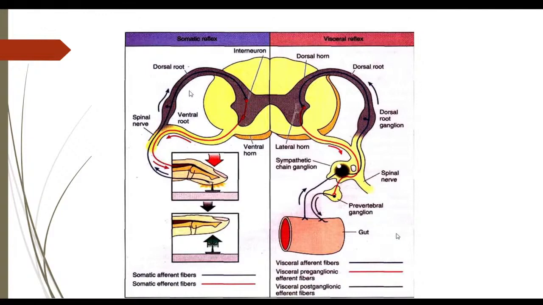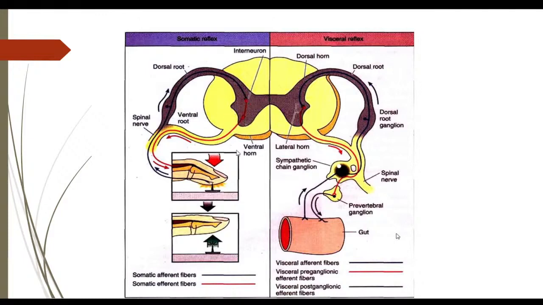So we have seen the pain reflex visible here from the left, ordinarily this is a somatic reflex, and this from the left is a visceral reflex, somatic reflex and visceral reflex. In these cases, the impulse activity from the receptor migrates into the sensory nerve, into the dorsal root ganglion, to have the transmission of these impulses into the dorsal horn, to the interneurons around the area of the lateral horn.